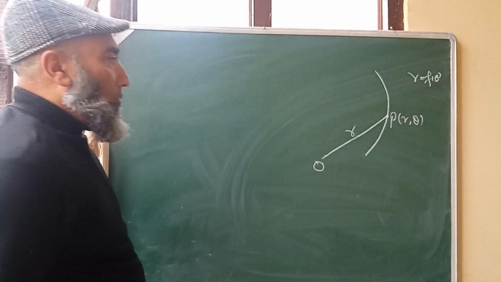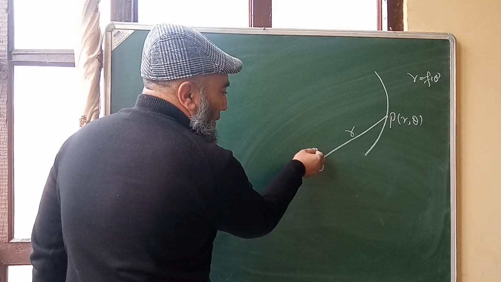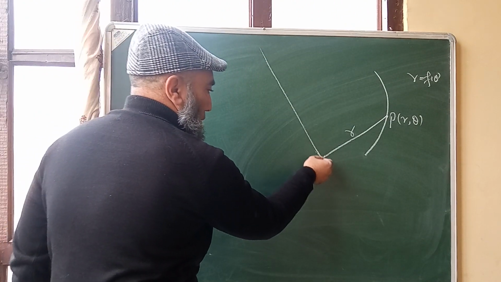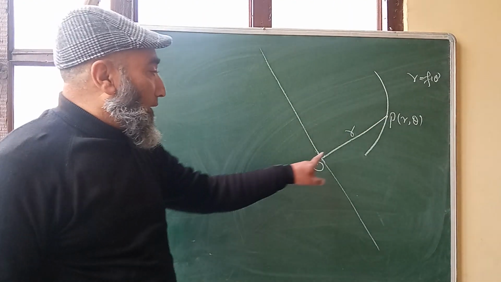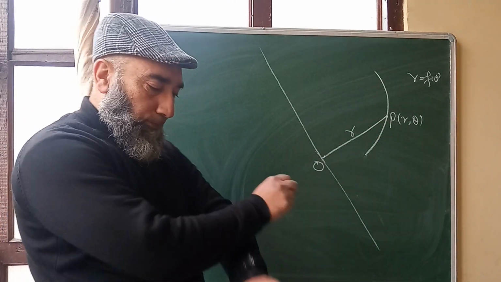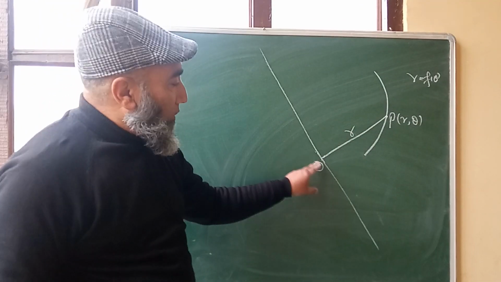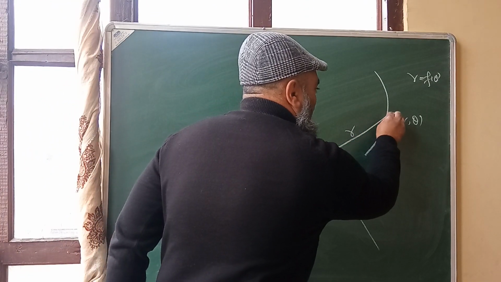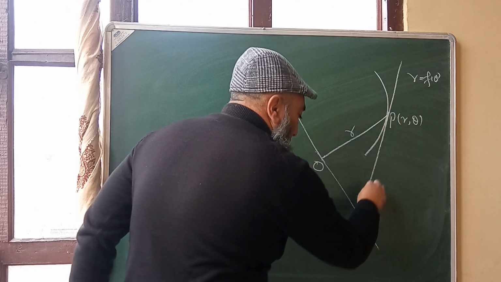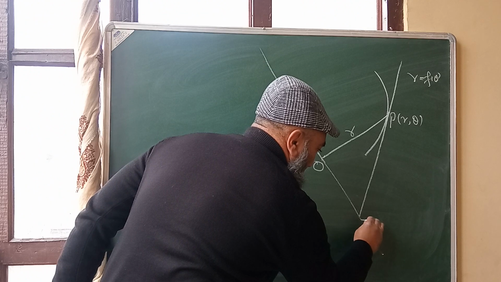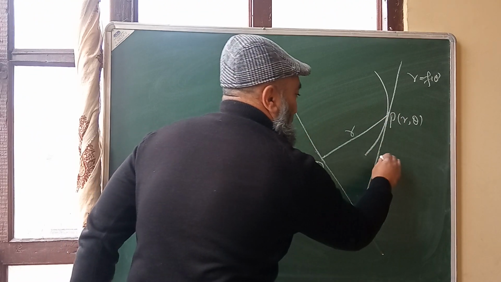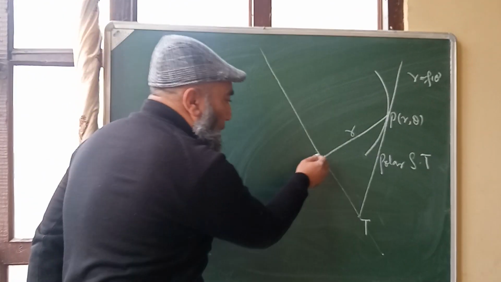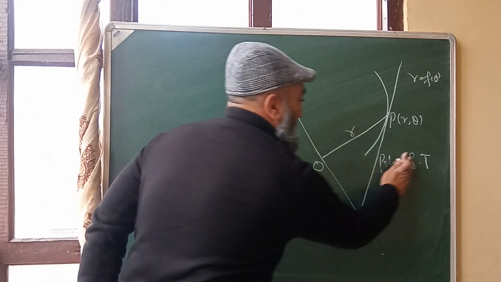Now let me draw a line which is perpendicular to the radius vector. Now, let this be the tangent to the curve at point P, which meets this line at T. Then you know PT is known as the polar subtangent, right? From pole to tangent, this is the polar tangent.